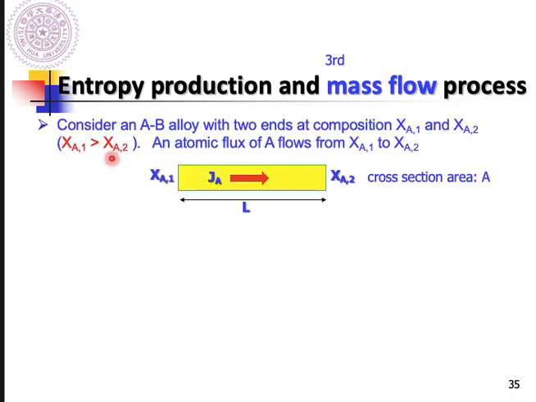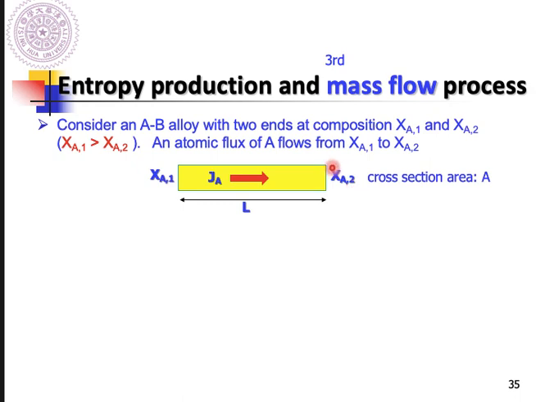What we have here is an AB alloy, and there's a composition difference at the two ends of this alloy. On the left-hand side we have XA1, and on the right-hand side we have XA2.